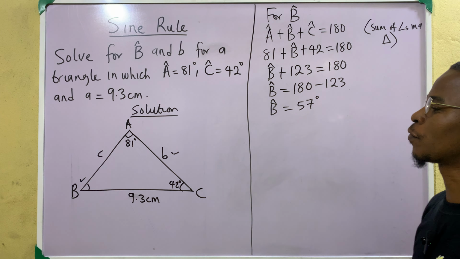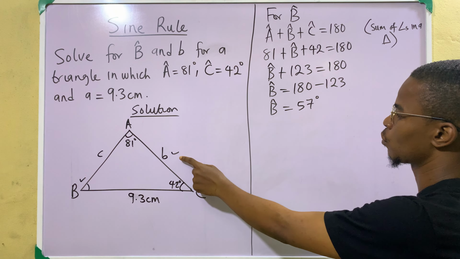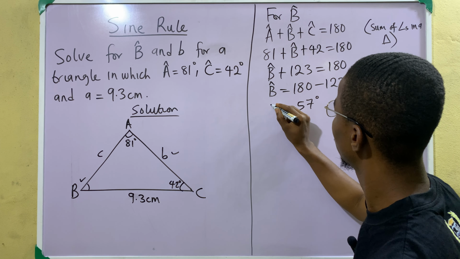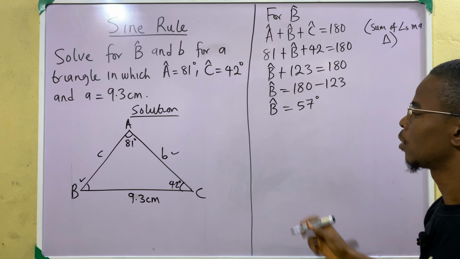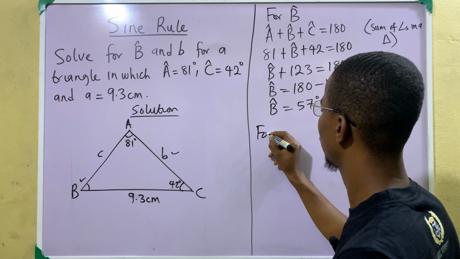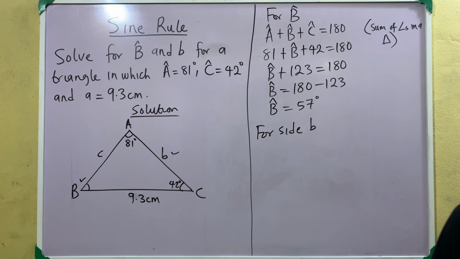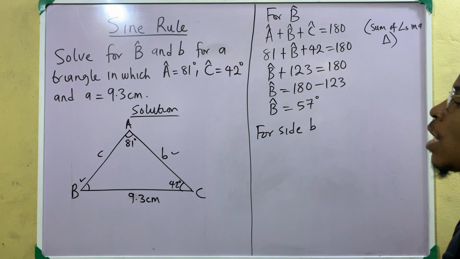The next thing we have to do is to find our side B. This is angle B. Next we have to find side B. Let me write this properly. Angle B. So now we say for side B, here we have to deploy our sine rule.